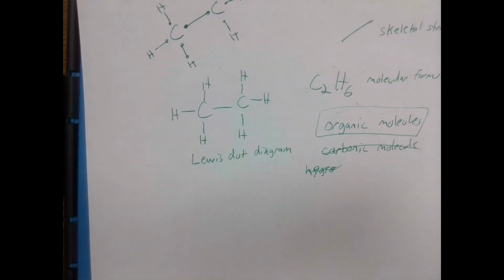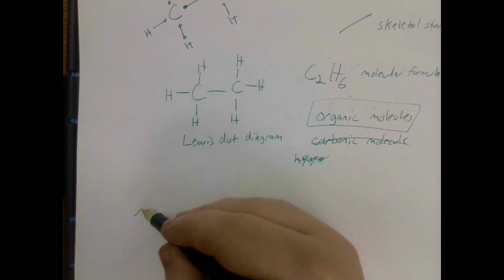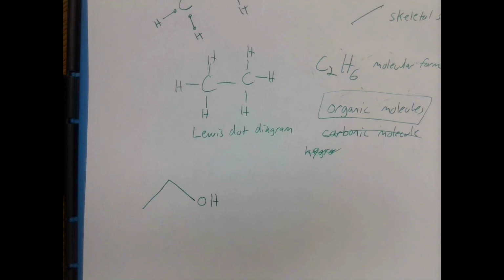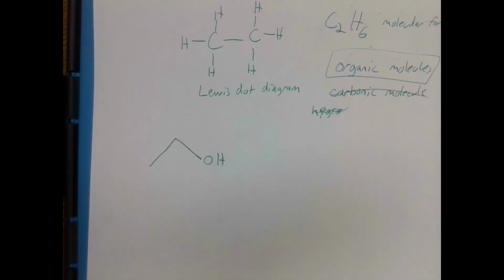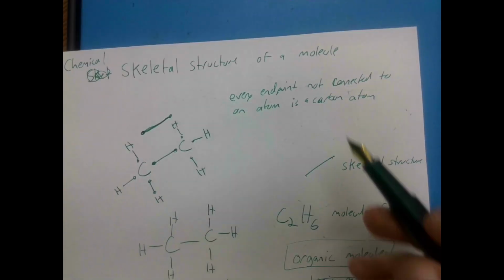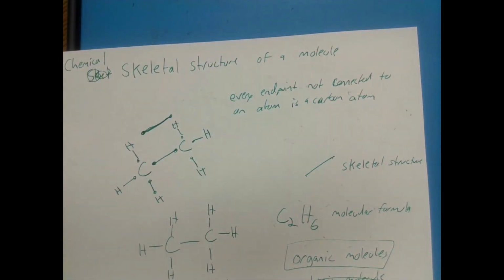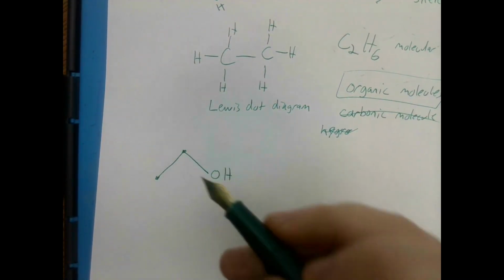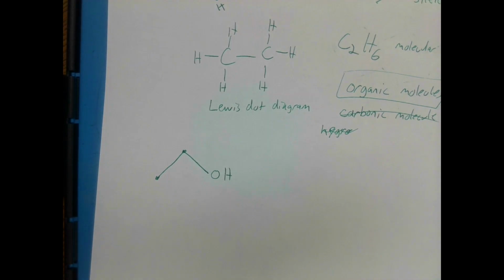So let's do another example. Let's do this line right here. What would this molecule be? How many carbon does it have? Start there. Every endpoint not connected to an atom is a carbon. 1, 2. This endpoint is connected to an atom.